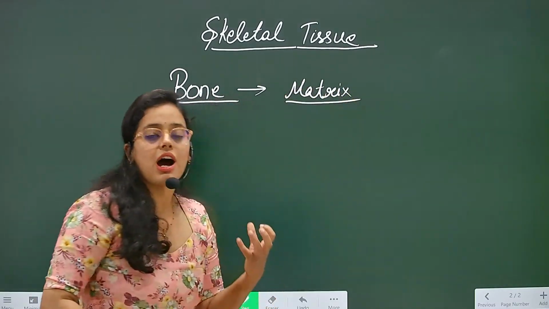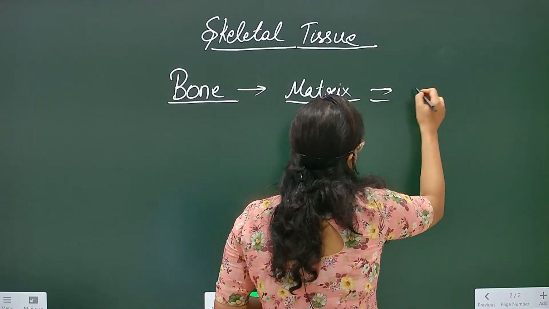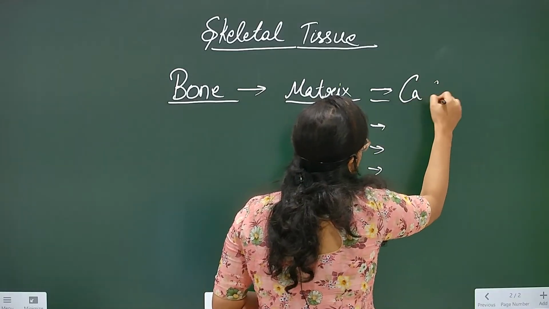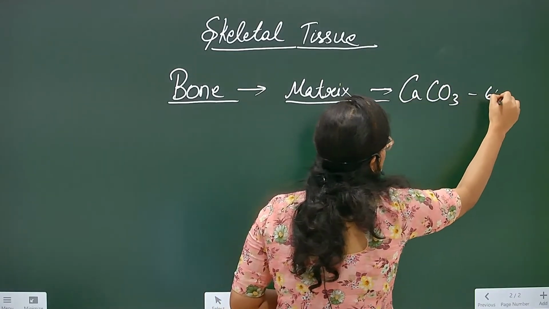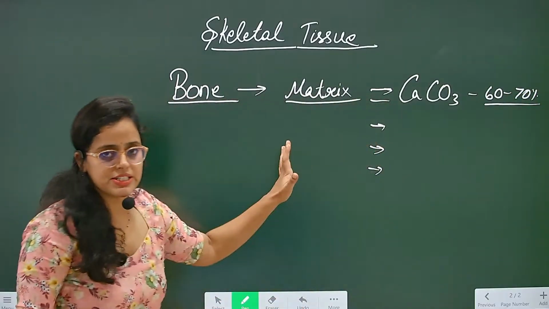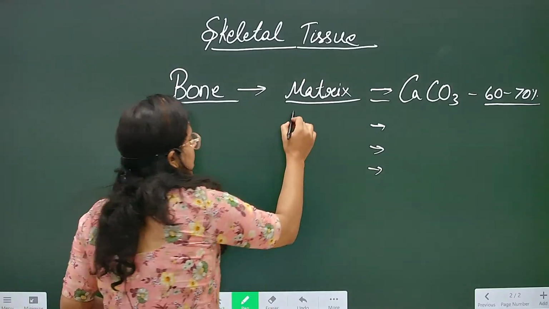Why does it have a hard matrix? Because it consists of calcium carbonate. 60 to 70% calcium carbonate mineral is present in the matrix. As a result, the bones are very stiff and strong.